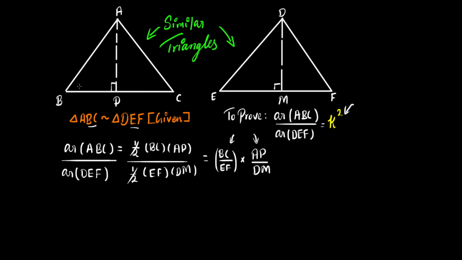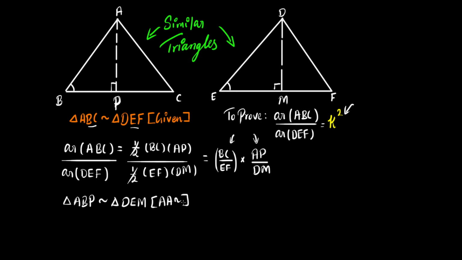We know that angle B is corresponding with angle E, and there's 90 degrees here and 90 degrees here. So triangle ABP and triangle DEM are similar. Sorry, it's AP, not ABD. So triangle ABP is similar to triangle DEM by AA similarity.